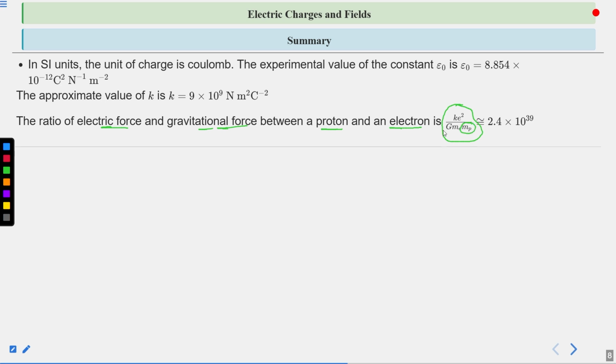Clear? G is the gravitational constant. K is also a constant and e is the electric charge. The value is 1.6 into 10 raised to the power minus 19 coulomb. And when we calculate all numerator and denominator terms, after putting the respective values, you will get 2.4 into 10 raised to the power 39.